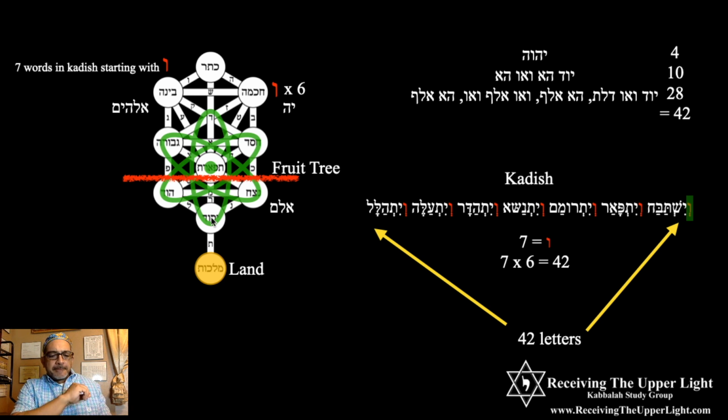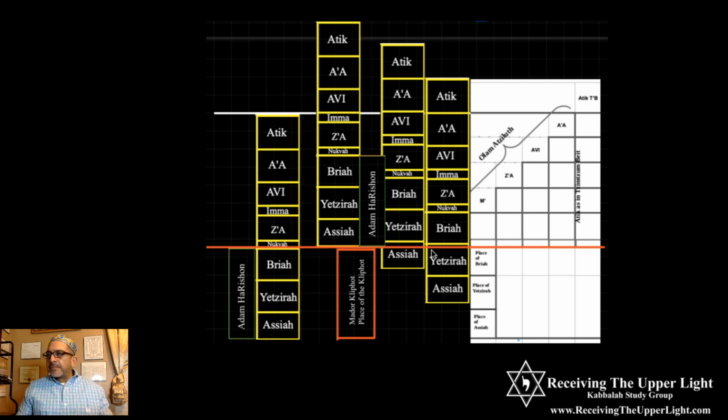When man was created as one being, it wasn't separated, right? It was one whole soul. As we see here, when man was created, everything was in Atzilut, right?